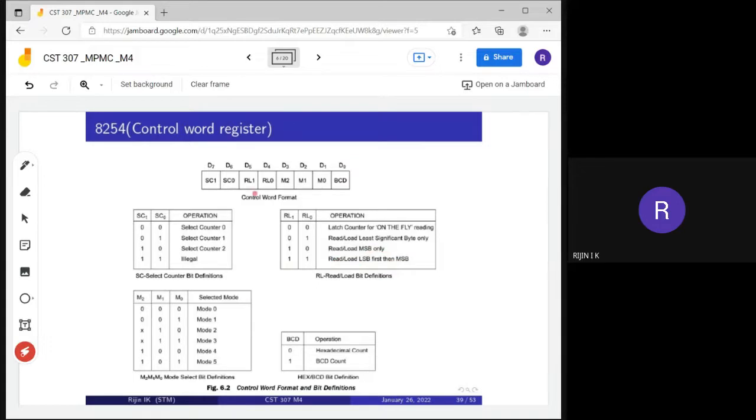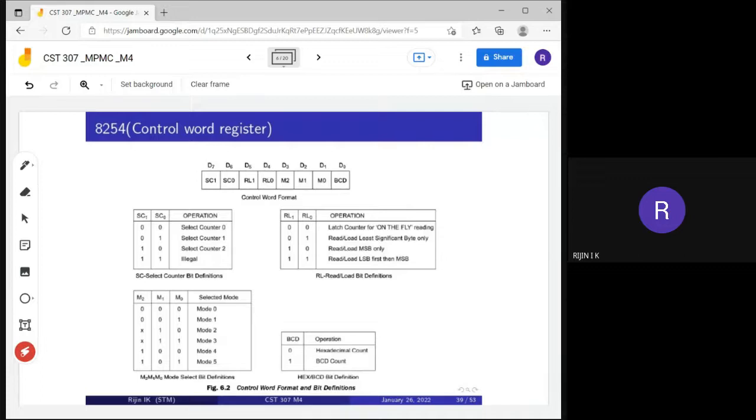Then the next bits are D3 and D2, which we will represent as M2 and M1. These bits are used for selecting different modes in the IC. We studied that there are 6 different modes in the 8254 IC: mode 0, mode 1, mode 2, mode 3, mode 4 and mode 5.